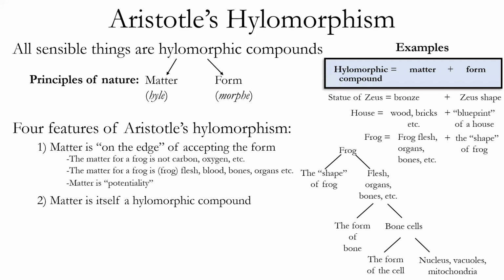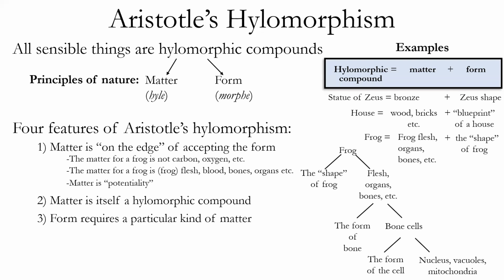And so you'd eventually end there. And then earth, air, there's a huge debate within Aristotelian scholarship. Are earth, air, fire, and water themselves hylomorphic compounds? We don't need to get into it. I don't think they are. But anyways, it doesn't really matter. So you'd bottom out there. You'd bottom out with these four basic elements.